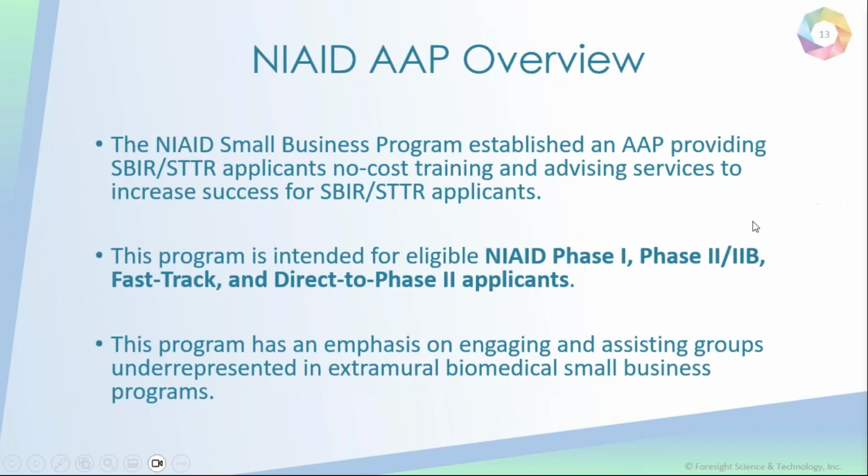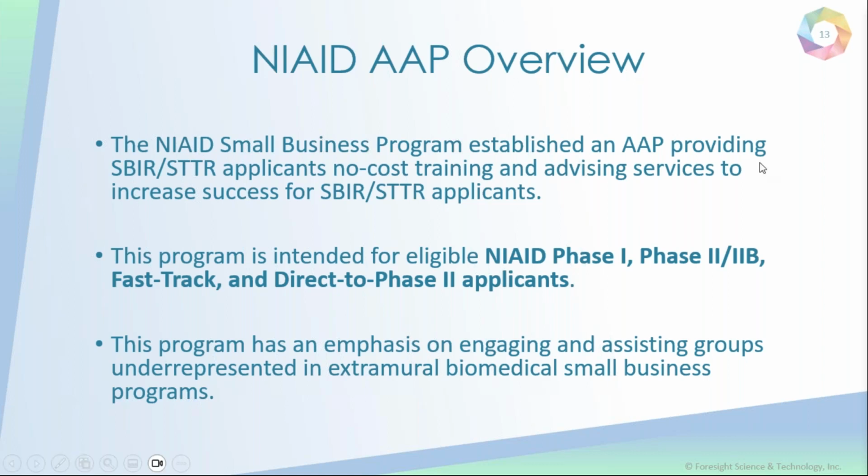Following up a little on the information shared by Hijau earlier, the NIAID Applicant Assistance Program has been established by the NIAID Small Business Office, and this program provides SBIR STTR applicants with no-cost training and advising services, with the goal of increasing the success of SBIR and STTR applications.